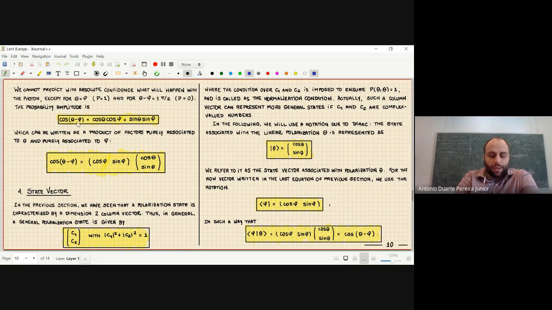So I'm just rewriting the cosine of theta minus phi as this sum of the products of cosines and sines. Okay, this is just an identity that you probably know. Are you familiar with this identity? Okay, good.